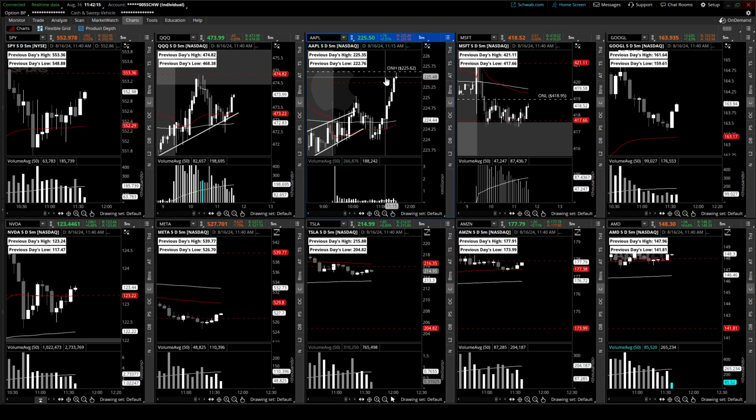So the main reason why I like using these names as confluence is because all you need a lot of times is just one name to actually drag the market down, right? Or even one name to actually hold the market up.